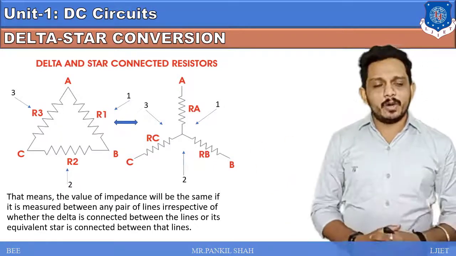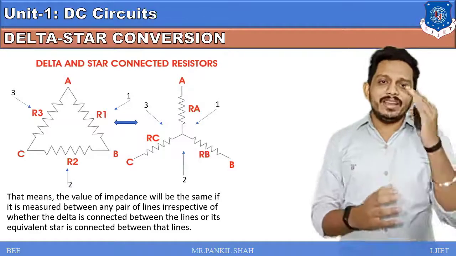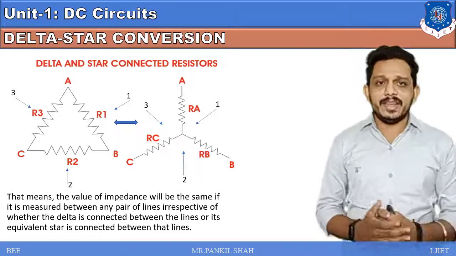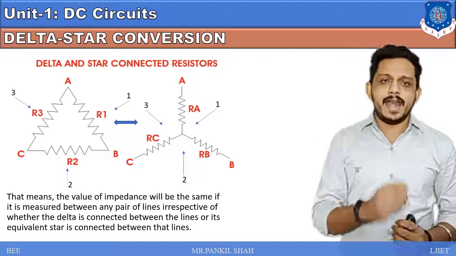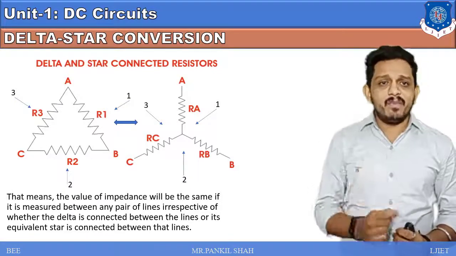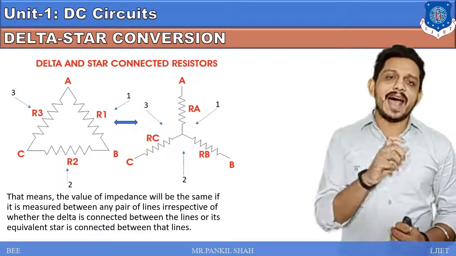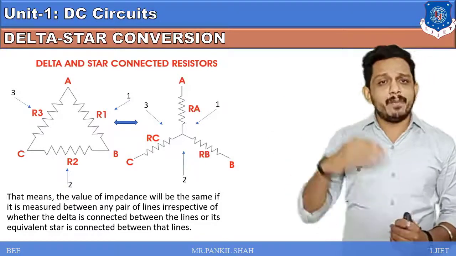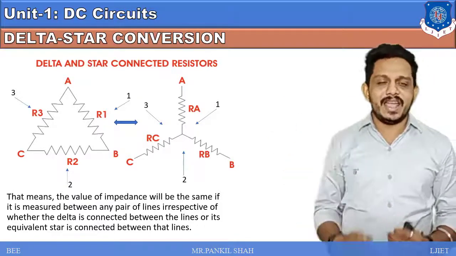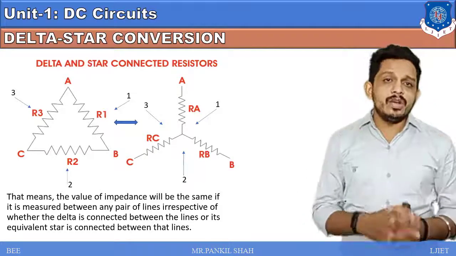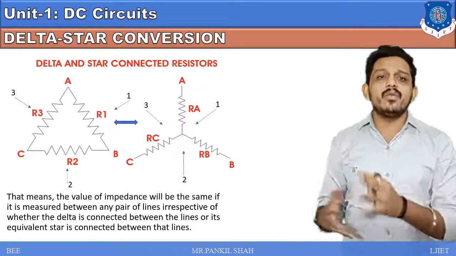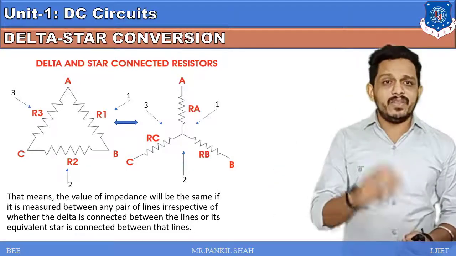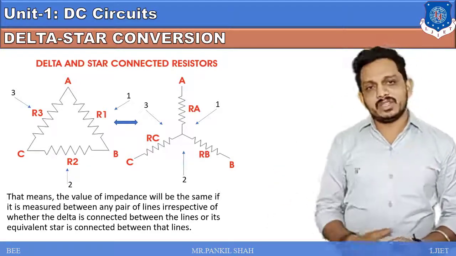And in case of this star network, there are also three terminals A, B and C, but from the first point there are two resistances RA and RB. From the second point there are two resistances, that is RB and RC, and from the third point there are two resistances, that is RA and RC. So if you are converting delta to star or star to delta, the resistance between the terminals should not be changed.